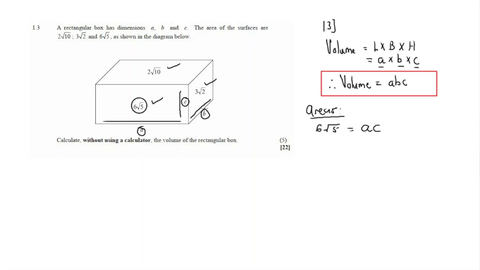And then this surface area 3 root 2 is calculated as B times C. This area, 2 root 10, is calculated as A times B. Remember, this is a rectangle, so the opposite sides are equal.